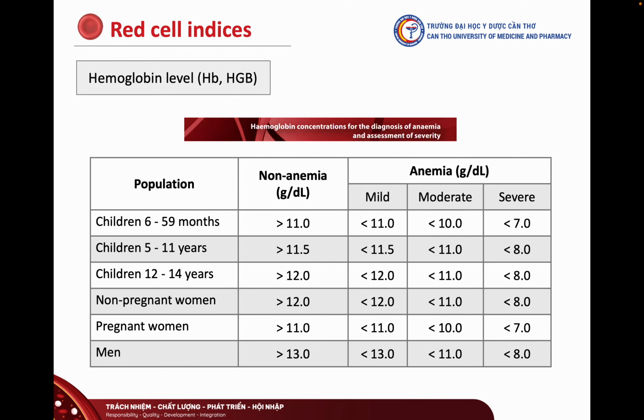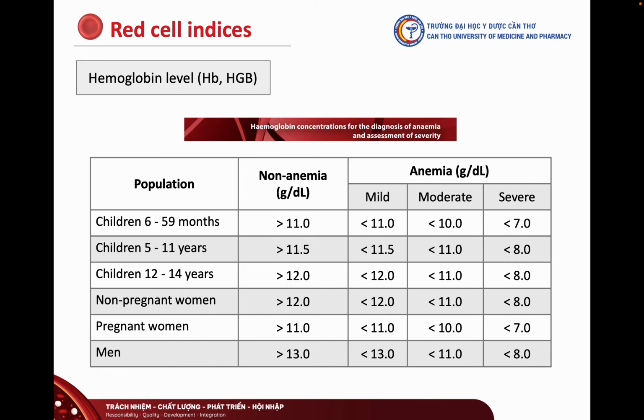And this table shows the WHO criteria for classifying anemia severity based on hemoglobin levels. It applies to different population groups and divides anemia into mild, moderate, and severe. When you are on clinical rotations, you should use this to accurately state the anemia severity.